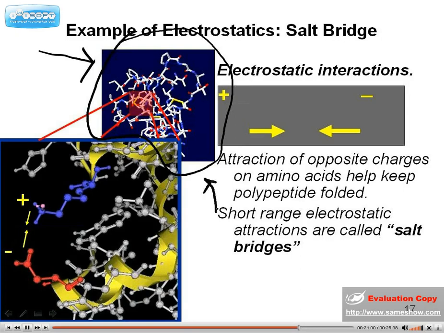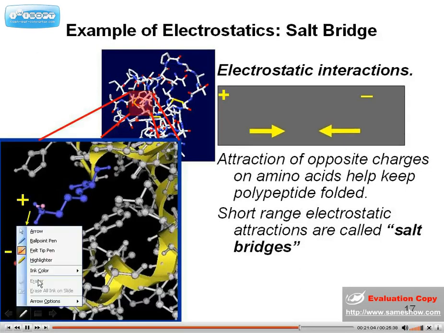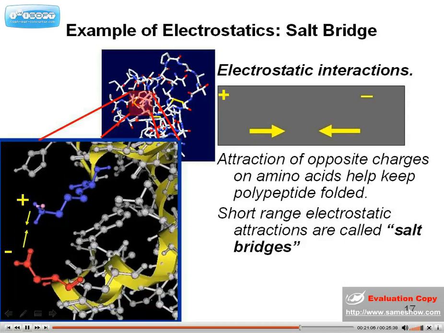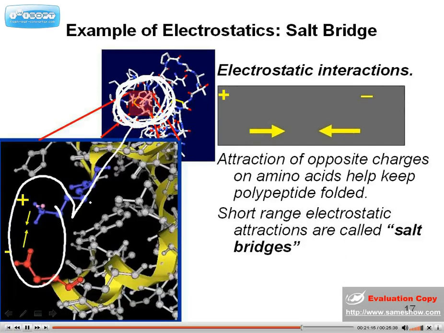In this case over here, I know it's hard to tell, so let me go ahead and use white. So I've circled this in white right here. If we were to blow this up, you could see a salt bridge because you have a negative amino acid and a positive amino acid. So there are many other amino acids. You're just covering 4. There's actually 20.